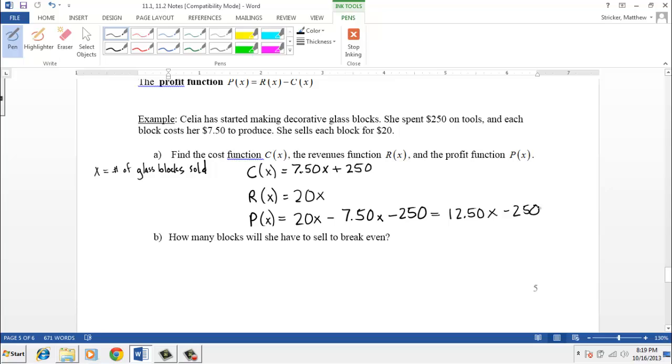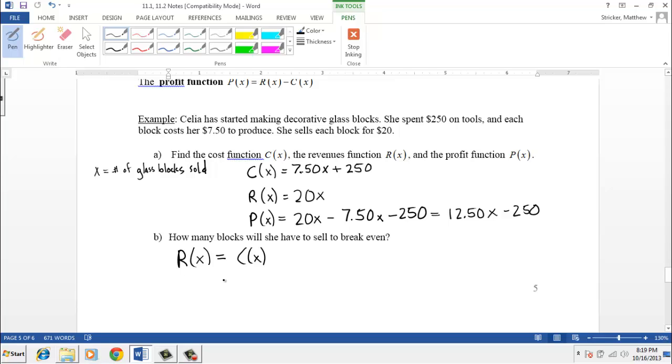So part B asks us, how many blocks will she have to sell to break even? Well, if you break even, what does that mean about revenue and cost? Well, it should mean that revenue is what compared to cost? Revenue and cost are equal. If you break even, that means you spend as much as you make, so they're equal.